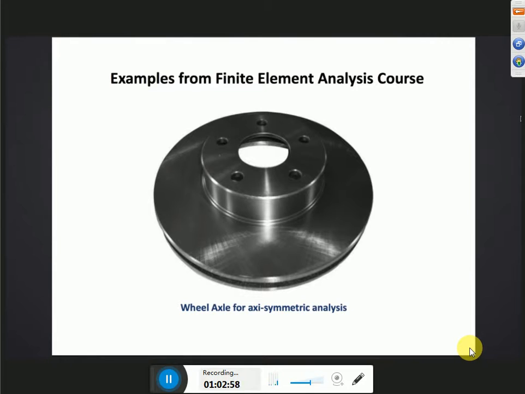When we discuss axisymmetric analysis, of course there's a difference between axisymmetry and cyclic symmetry. So this is not exactly axisymmetric because there are holes. So maybe it's a cyclic symmetry, but at least for a first cut modeling, they can do axisymmetric modeling in FEA, if you understand what that means.